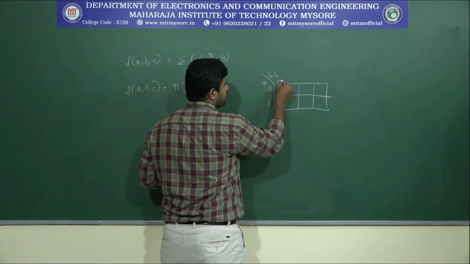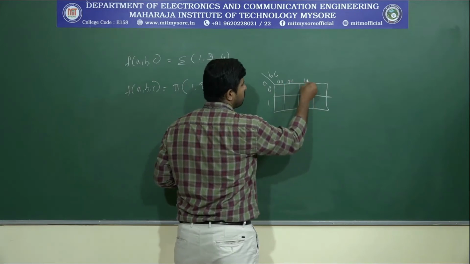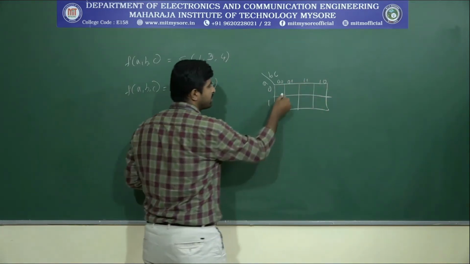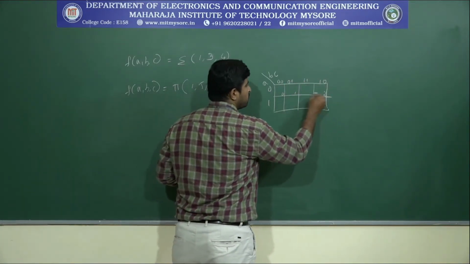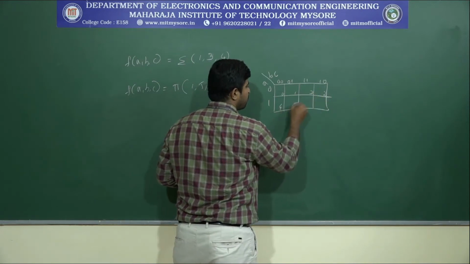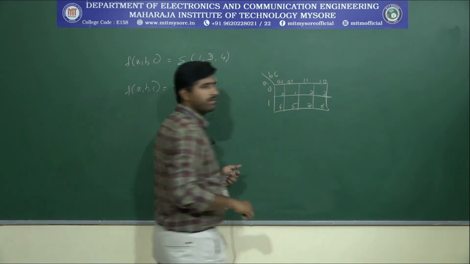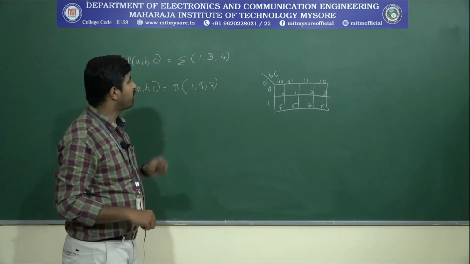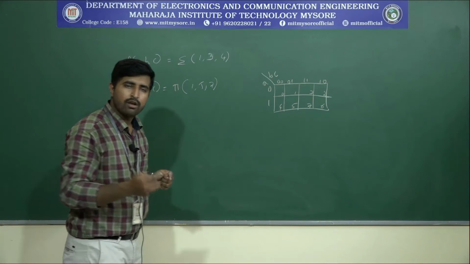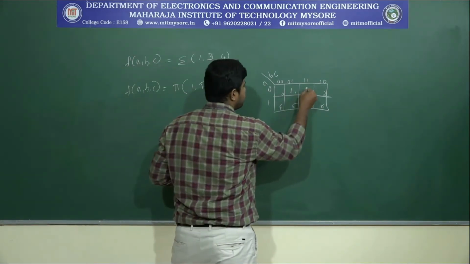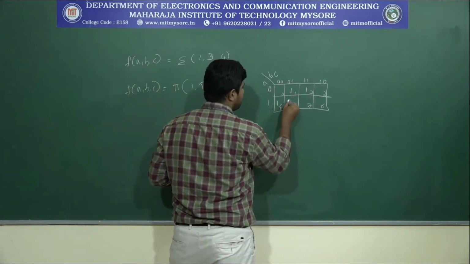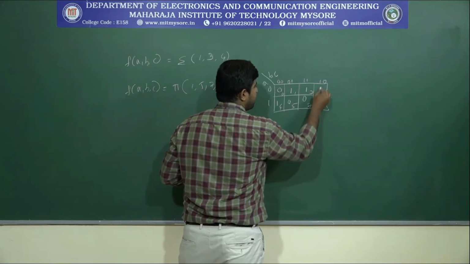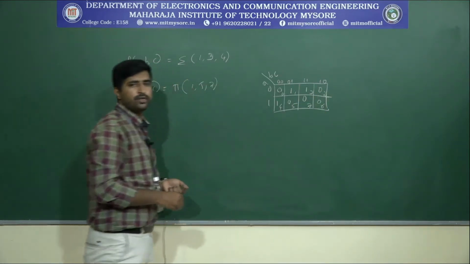The cell numbers are 0 1 2 3 4 5 6 7. So cells 1, 3, 4 will have logic 1 and the remaining cells will have logic 0.